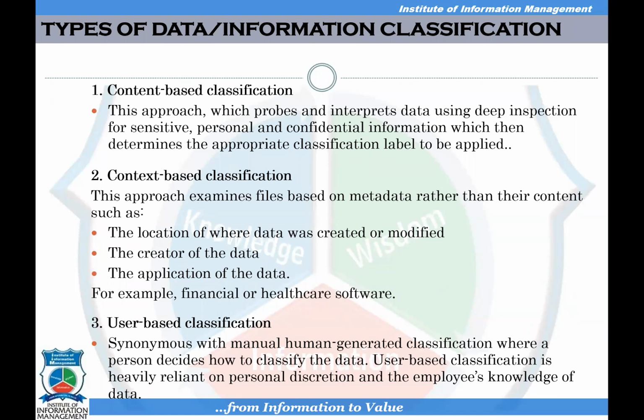And here I put for examples financial, healthcare, software environments, or rather an environment where, for example, we work with public sectors, and most people also work in the public sector. And we have branches or annexes, and even the private environment. They have documents that can be classified based on the location, based on the creator, etc.